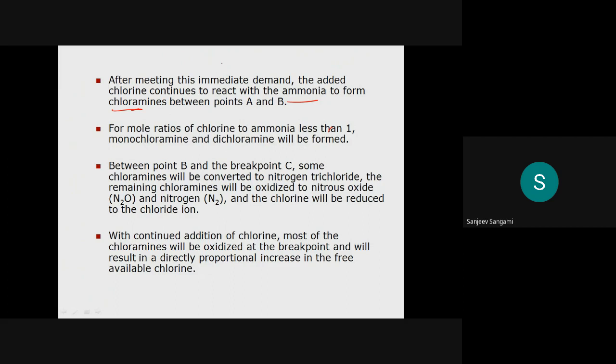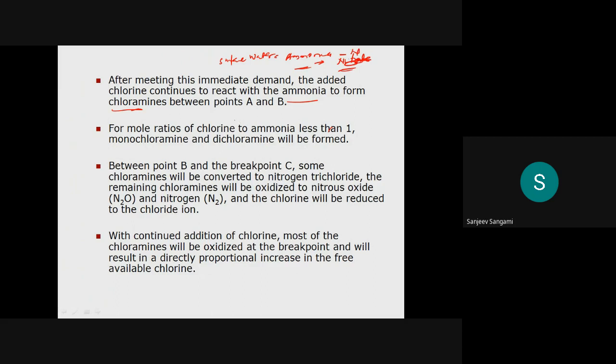Normally, if you take surface water and you are disinfecting, small traces of ammonia will be there. You can call it nitrate or ammonia nitrogen; it is also one form of ammonia nitrogen.